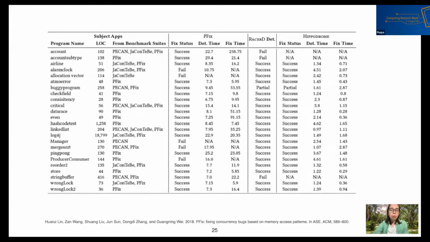We chose these subjects with two aims. One is to evaluate HIPPODROME on a variety of data race patterns, and the other is to include all the subjects from the PFIX suite, thus comparing PFIX on its home turf.